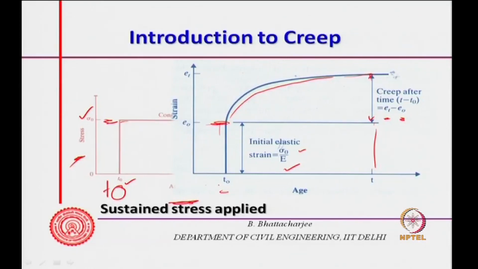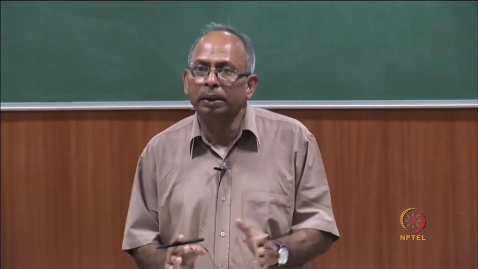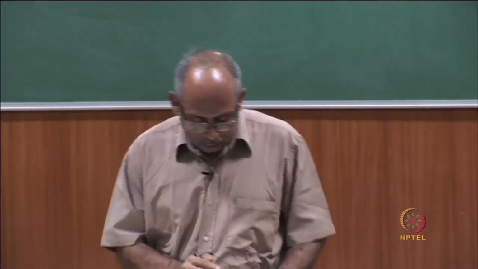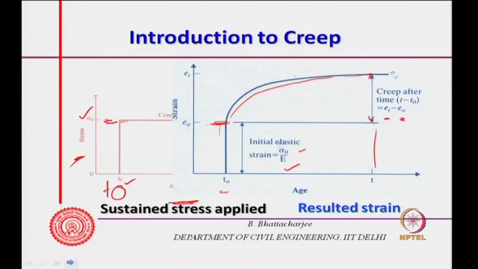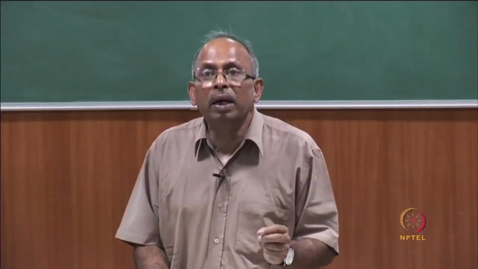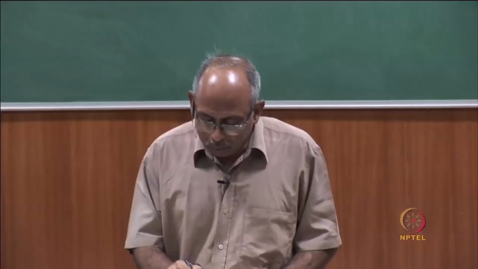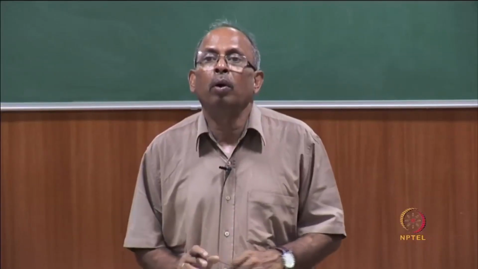Concrete exhibits this behavior, many other materials do, but concrete is of our interest at the moment. So, sustained stress resulted in strain. We find that there are two components: instantaneous elastic strain, and with time there will be some more strain, which is asymptotic to some line, and the difference between these two we call creep strain or creep simply.